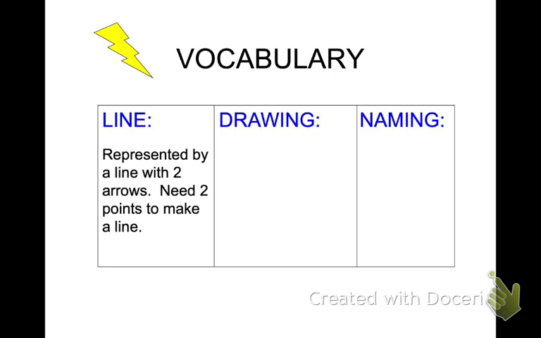And you need a minimum of 2 points to make a line. Okay, so it's represented by a line with two arrows, and you need 2 points to make a line.